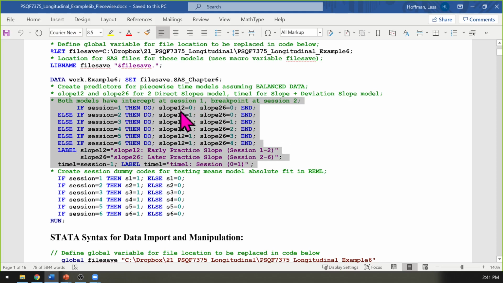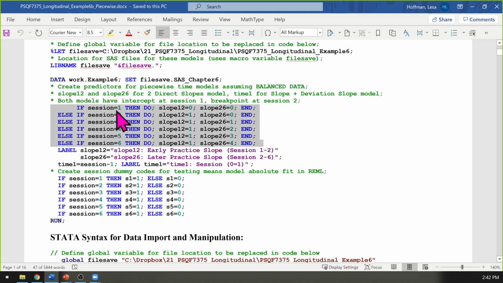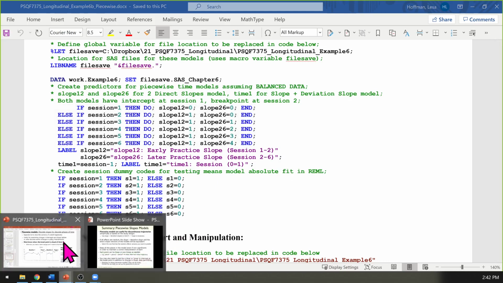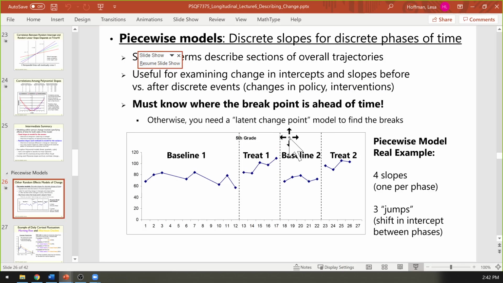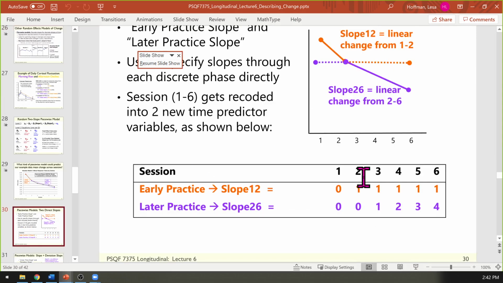I have slope 1, 2, slope 2, 6, and I also have time 1, which is from before. So I have conditional logic here to create slope 1, 2 and slope 2, 6. Based on if it's this session, these are the values that I want to put in, and those are the same values that I took directly from, where is it? Where's my table? This table. That's where those came from.